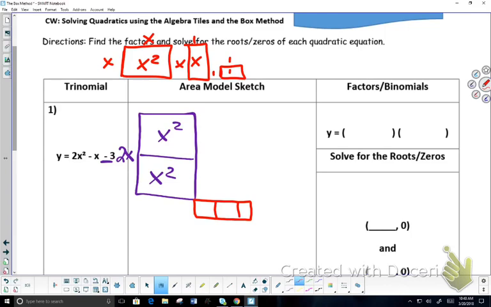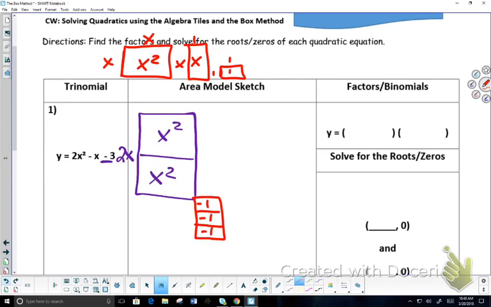Negative 6 plus 1. Is negative 6 plus 1 negative 1? No. So that way won't work. So instead we're going to have to flip it and do it this way. So it does matter.